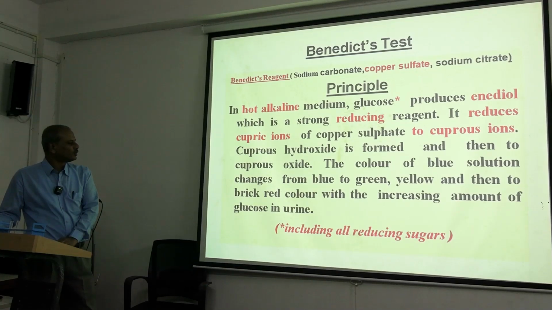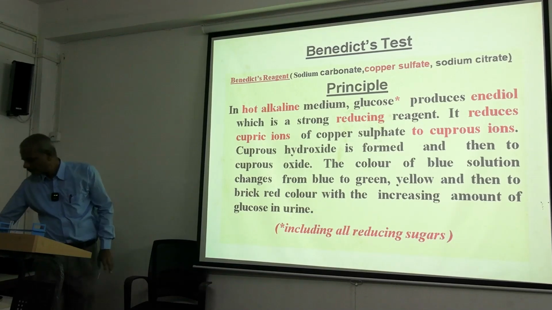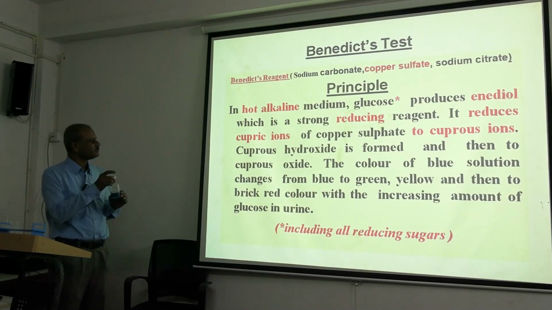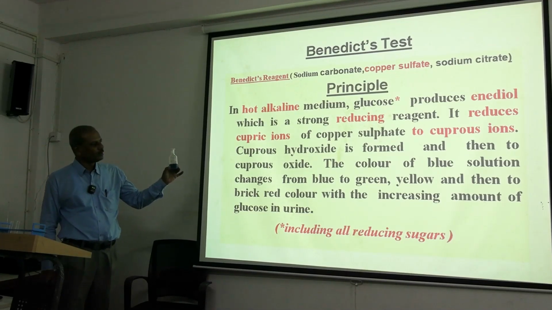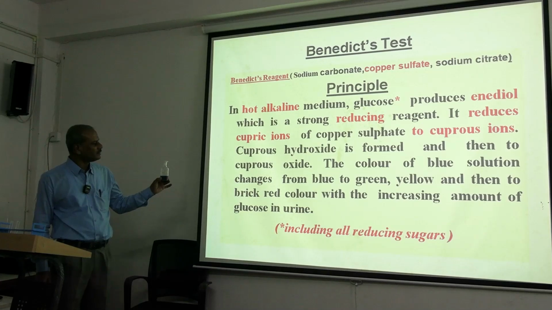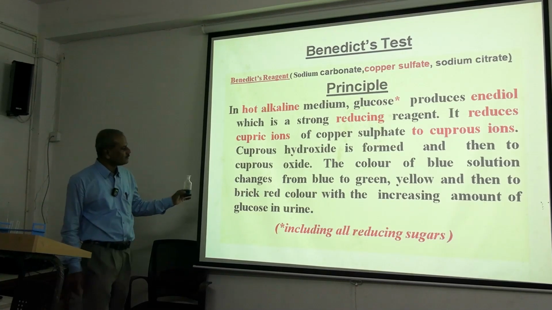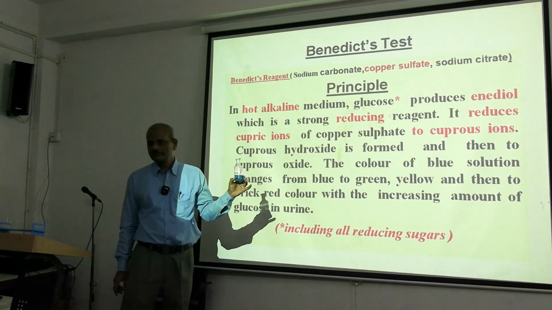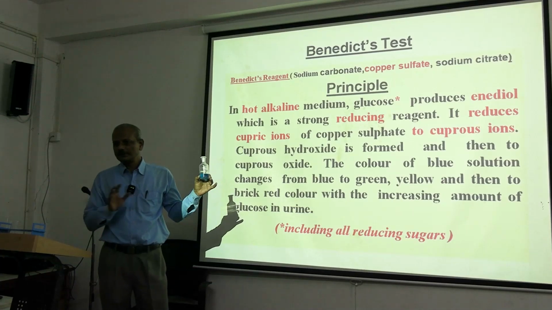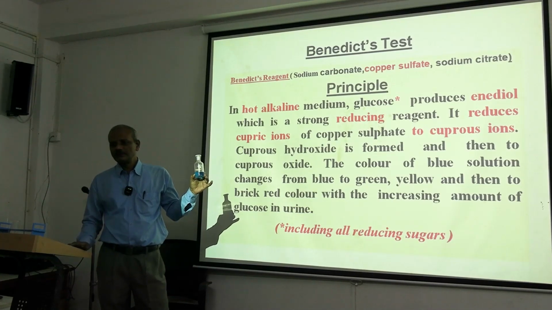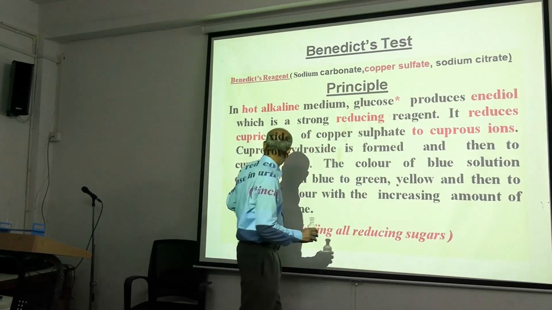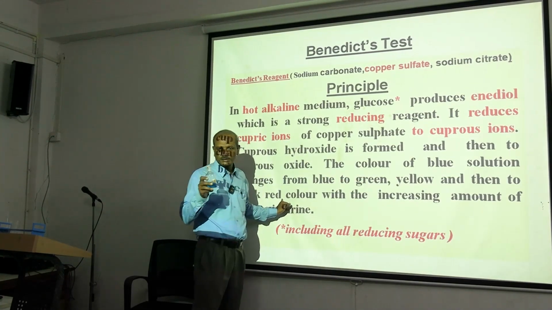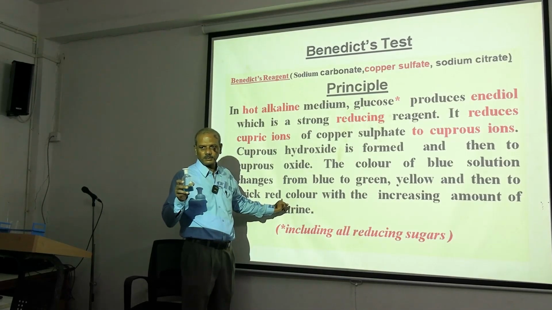The color of this blue solution changes from blue to green, yellow, and then to brick red with the increasing amount of glucose in urine. Is this part clear? Depending on the concentration, basically it will change from green to yellow, then to brick red, depending on the concentration of the glucose or reducing sugar.